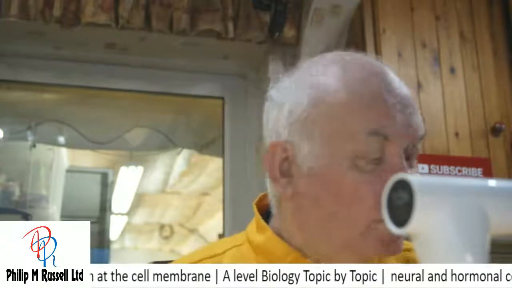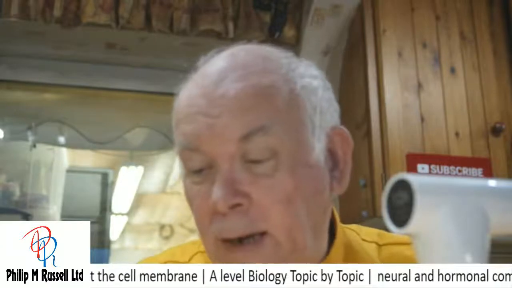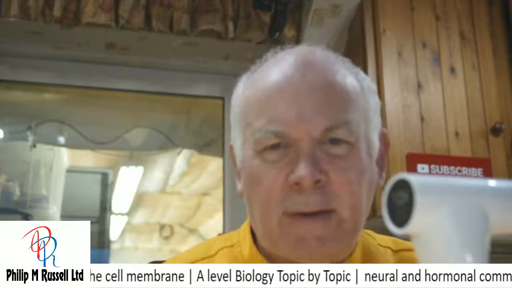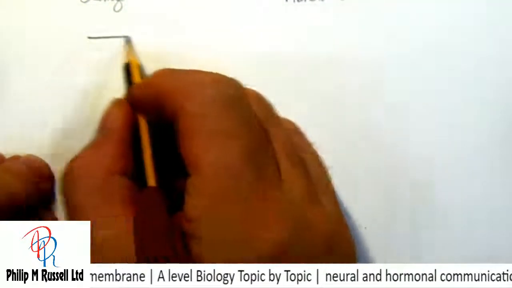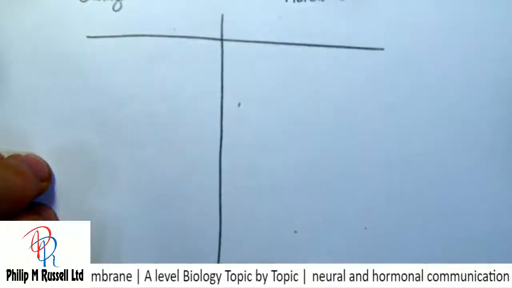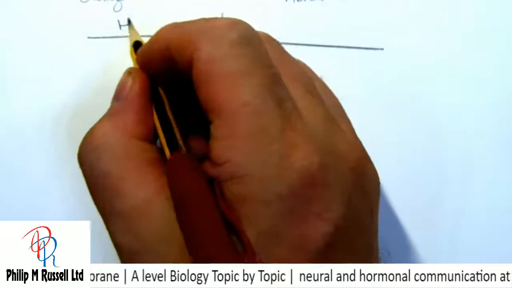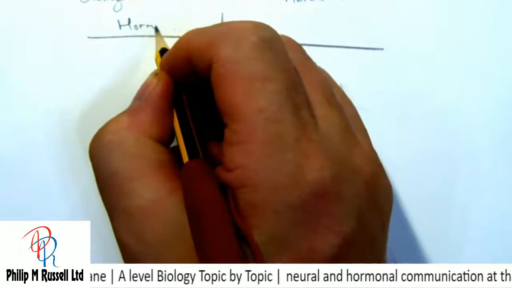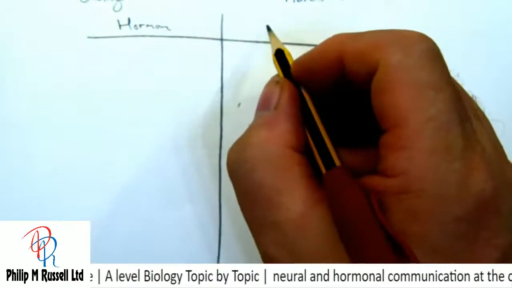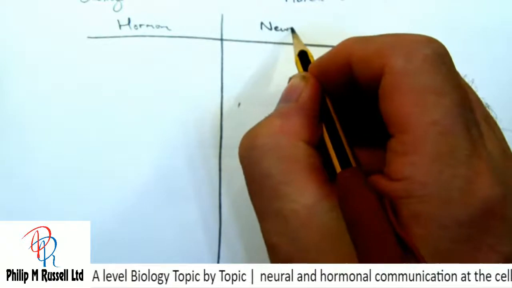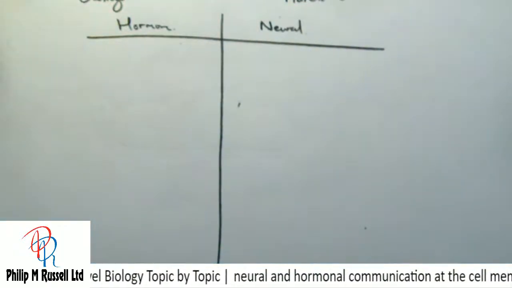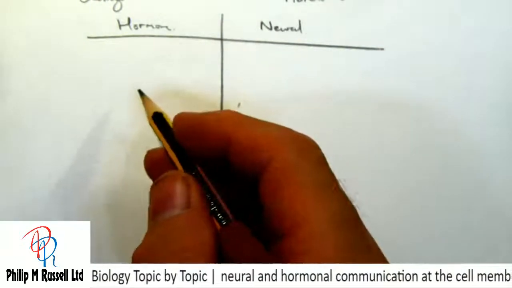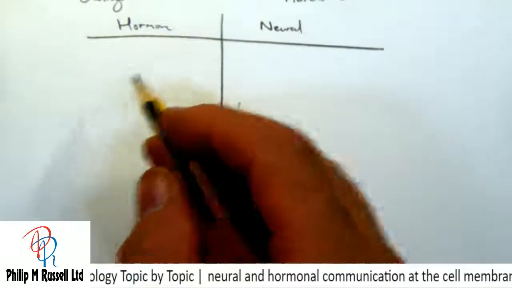So what sort of changes might we get here? Well, let's see if we can list them out. So if I draw up a brief little table, we've got here a hormone, and we've got neural communication. This sort of comes up in exam questions, try and do these sort of things.